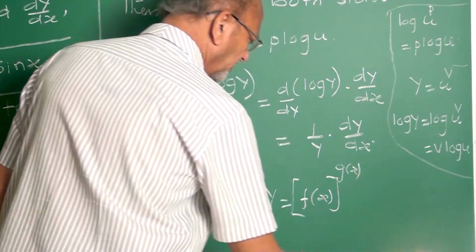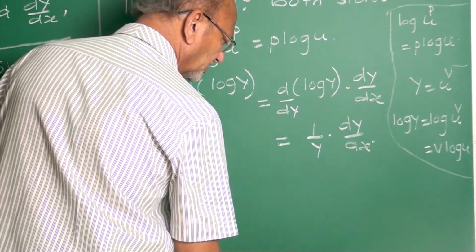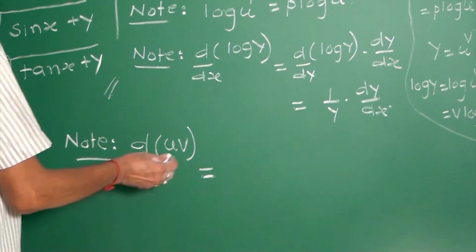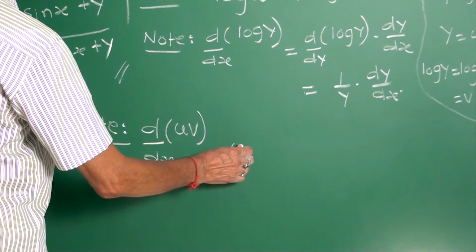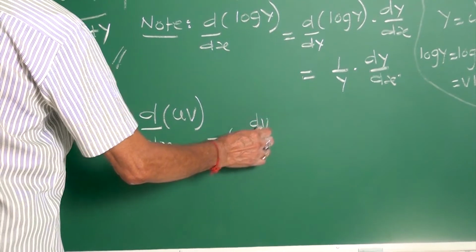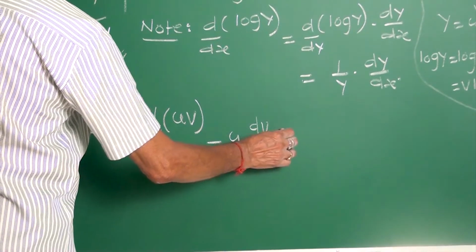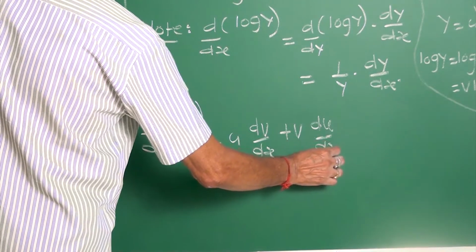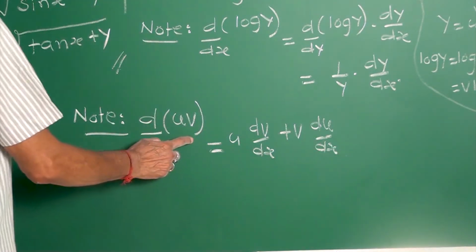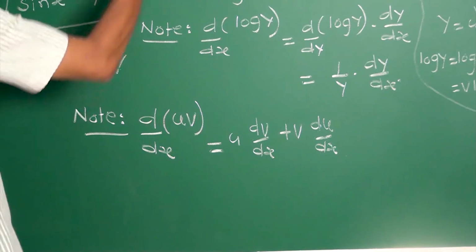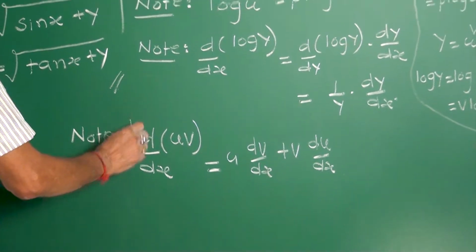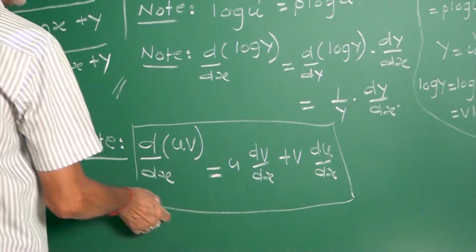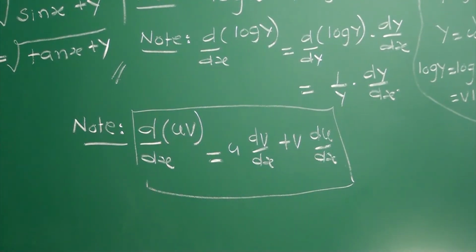Next, I have reminded once again, derivative of uv, product formula: first function as it is into derivative of second, plus second function as it is into derivative of first. This is the product formula. While doing examples on logarithmic differentiation, we use this formula.